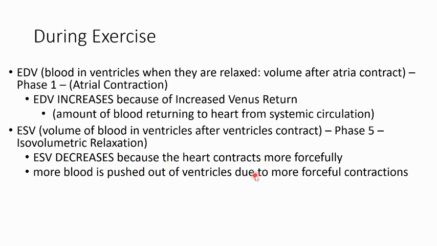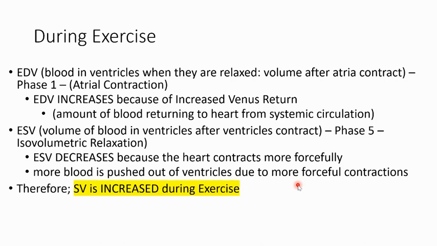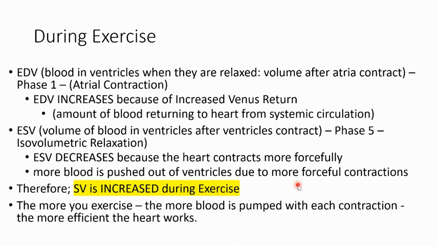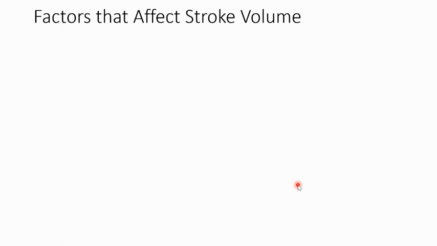So again, more blood is pushed out of the ventricles due to more forceful contractions. Because of these two components, the end diastolic volume increasing based on increased venous return, and the end systolic volume decreasing because of the forceful contractions, the two of them together are going to result in a stroke volume increase during exercise. The more you exercise, the more blood is pumped with each contraction, and the more efficient your heart is going to work.